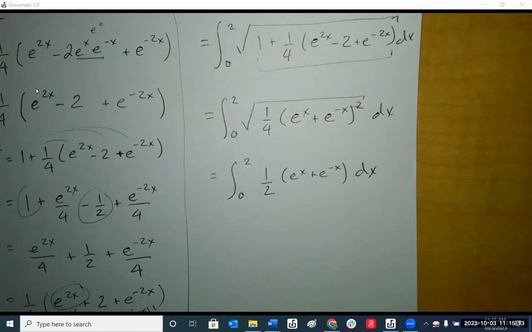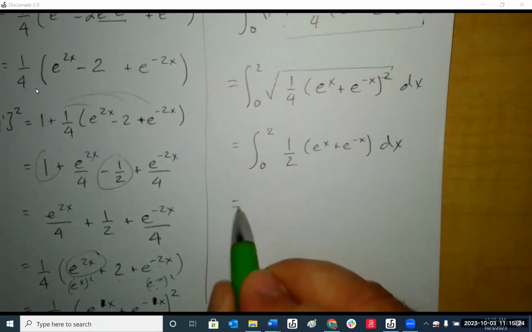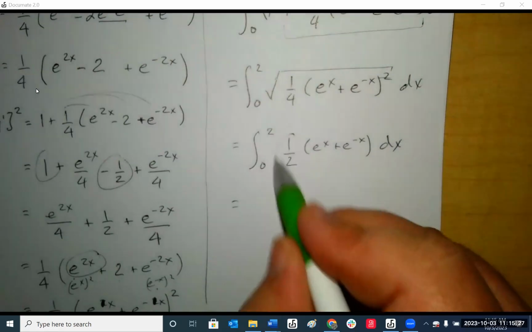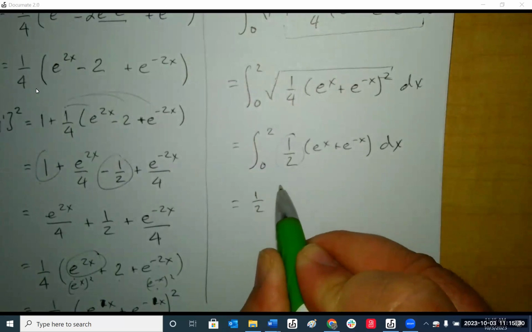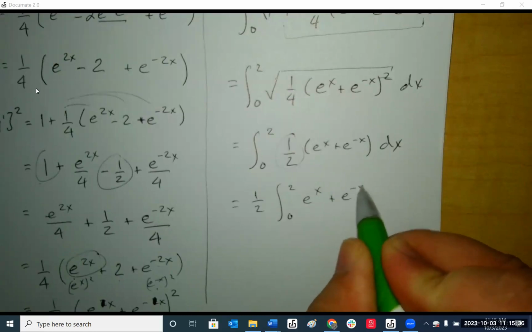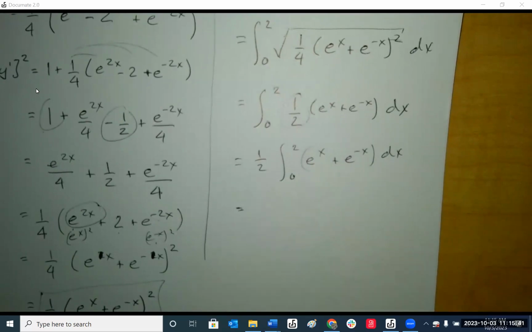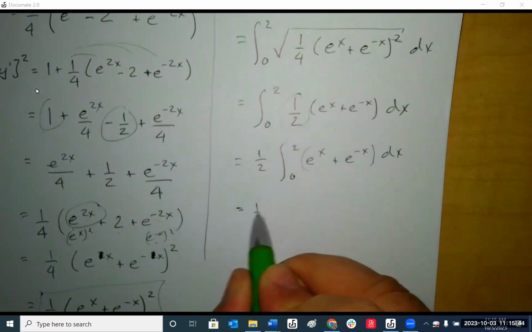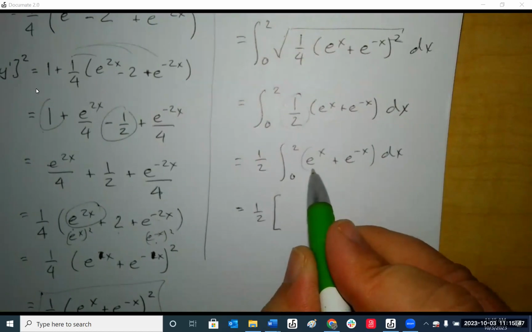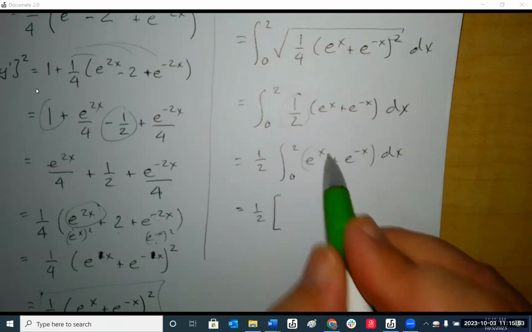Once we get to something like this, it makes it much easier for us. So what do we do next? Now we integrate it. This is a constant, so it can go out in front. Integrate e x, integrate e negative x. What is the integral of e to the power x?